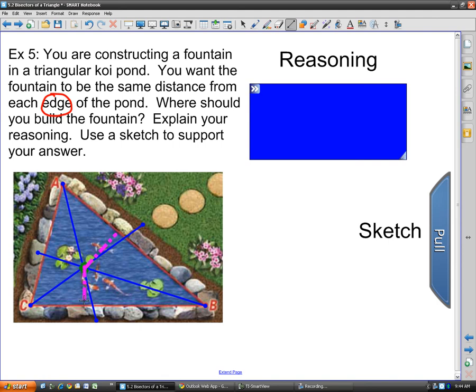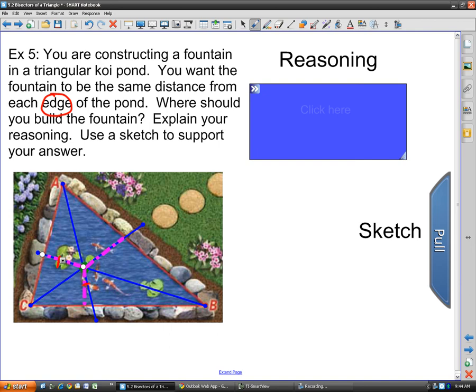I think this pink one here should be a little more over here. Still, but anyway, you get the idea. Each of them should be the same length, and that's the whole idea: because we're finding the incenter, we're finding equidistance to the sides, each one of those should be the same length. And so that's what we're trying to do.